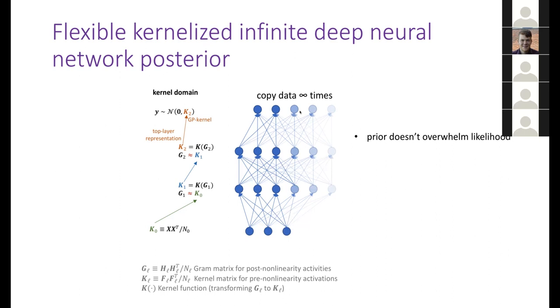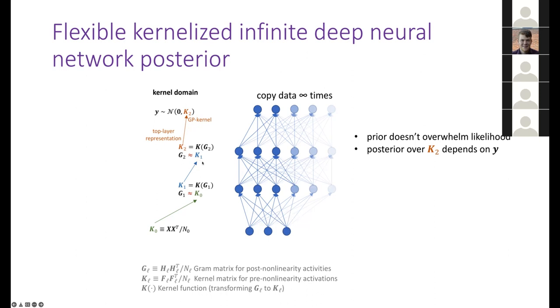Now in this setting, the prior doesn't overwhelm the likelihood because we're copying the data infinitely many times and being careful about how we take this limit relative to the limits of the intermediate layers. Then this posterior over K2 does depend on those y's.